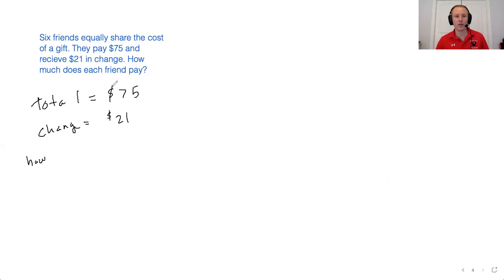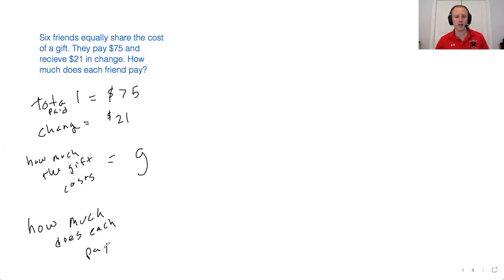How much the gift cost, we don't know yet. Call that G actually, rather than what I just put. And how much does each friend pay? We also don't know that yet. We have to solve this, the G thing, before we can go on. So how much does each pay? We'll put P for that.